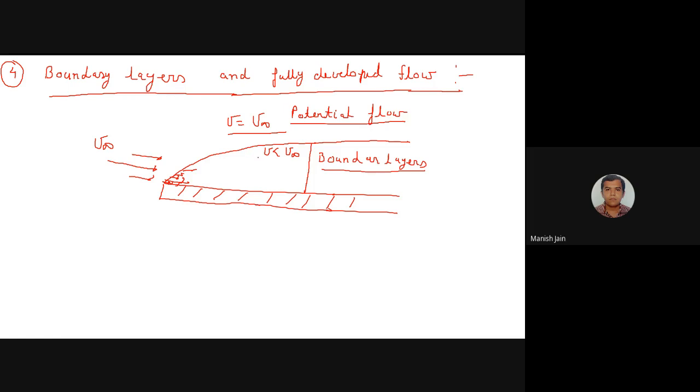So whenever you have the boundary layer, the fluid velocity is influenced by the presence of a solid boundary. Now, in the boundary layer you have two regions: one is the developing region, and the second is the fully developed region.